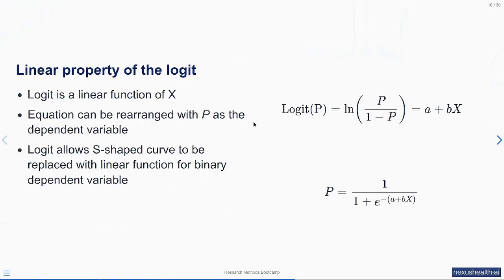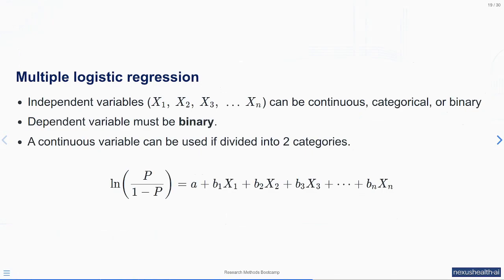It is clear to us what we can do. So the logit allows the S-shaped curve to be replaced with a linear function for a binary dependent variable. So it's the logit transformation that helps us to take that curvilinear relationship and transform it into a linear function of the dependent variable, and that is our logistic regression.